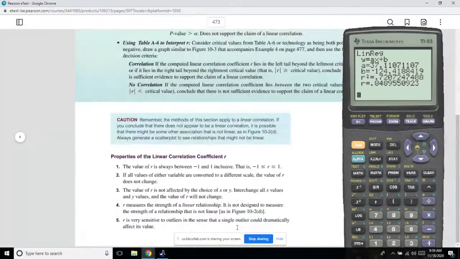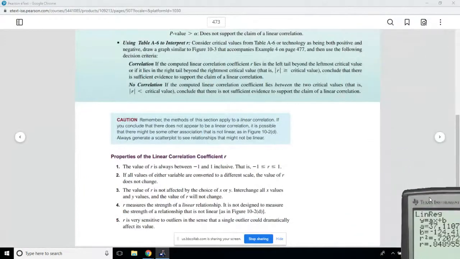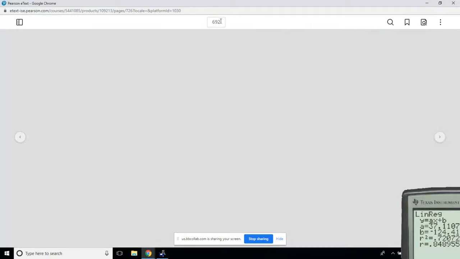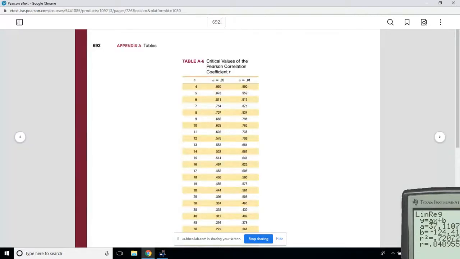So I'm going to pull up the textbook, and I want to turn to table A6, which is on page 692. And here are the critical values of R.